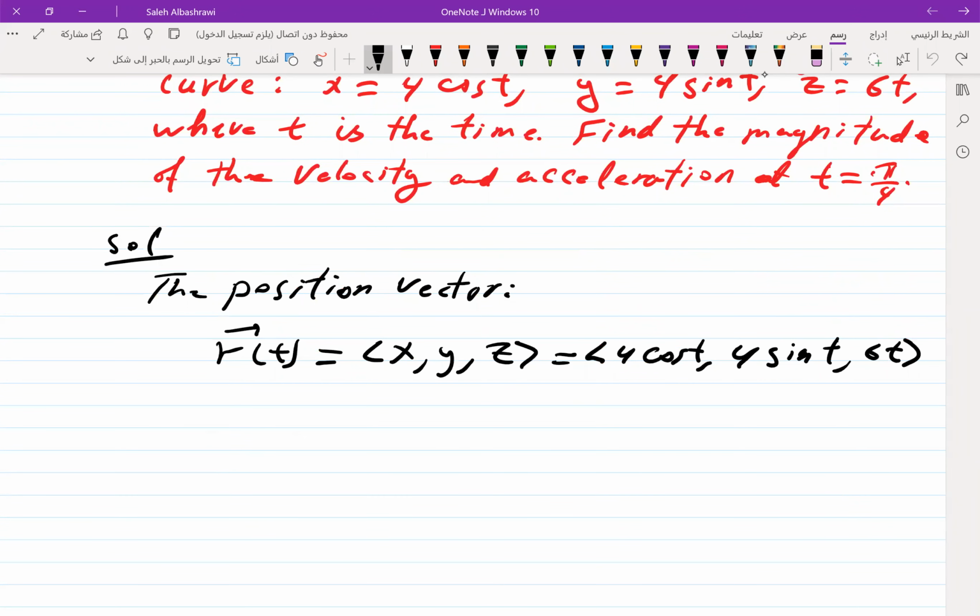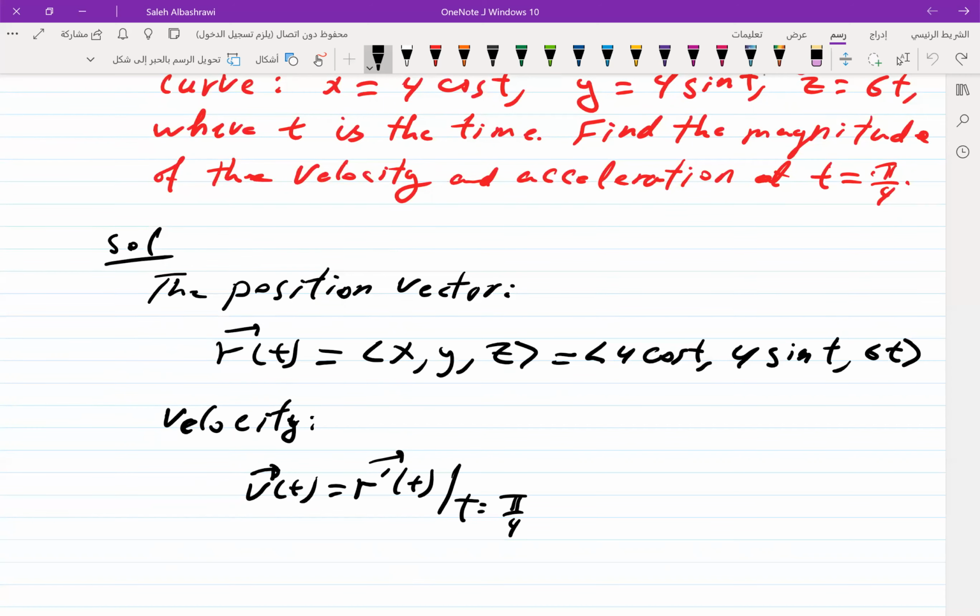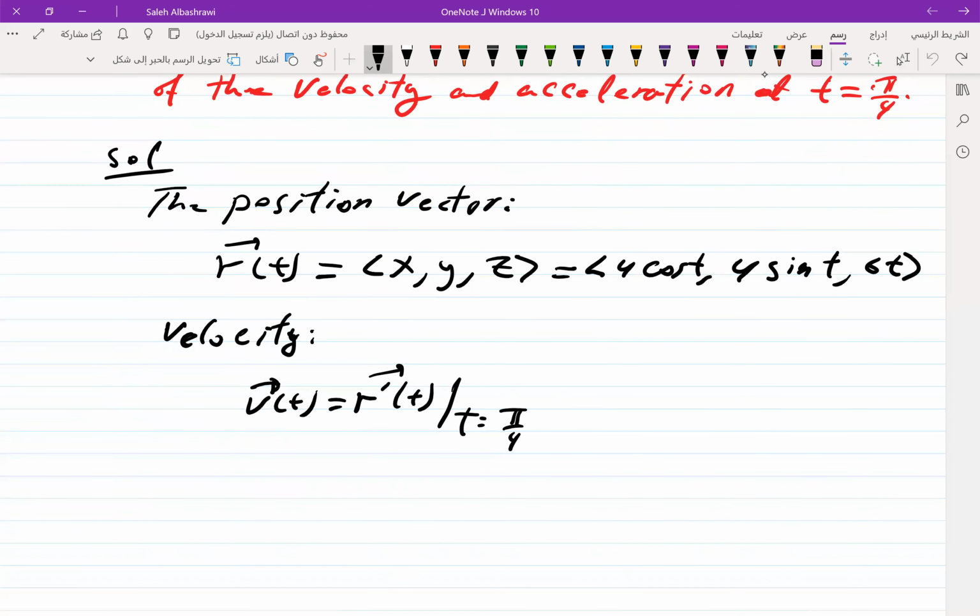So the velocity v of t, which is equal to the first derivative, at t equal to pi over 4. Let's find the derivative for this one, and then evaluate at t equal to pi over 4.